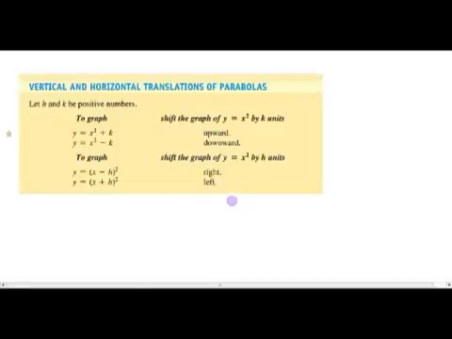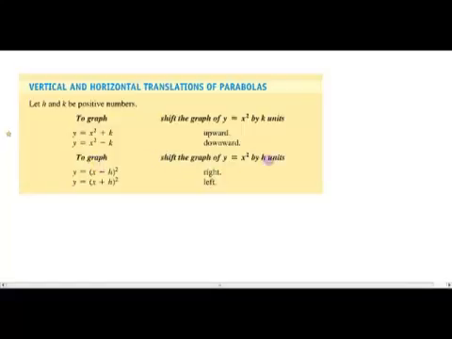Vertical and horizontal translations of parabolas. If we have h and k positive numbers, and k is of course positive, then we shift that graph by k units upward if we add a positive number to the standard equation, and we shift it downward if we subtract that positive number from our standard parabola.